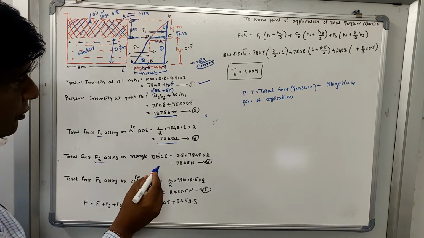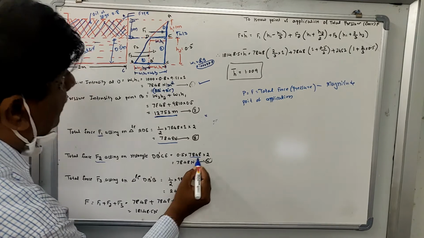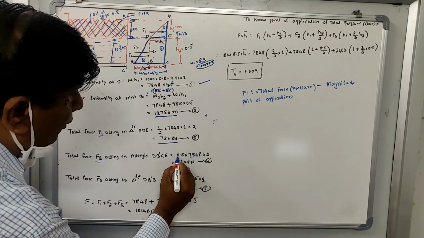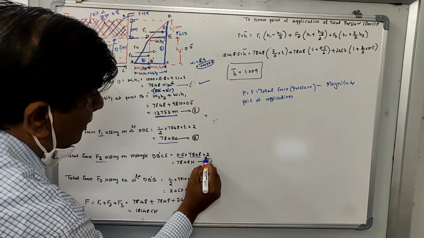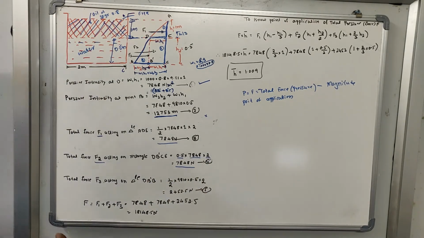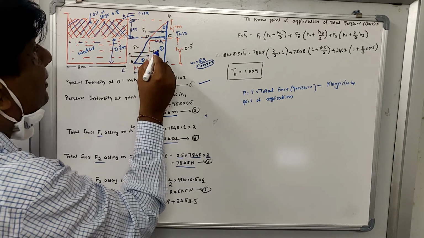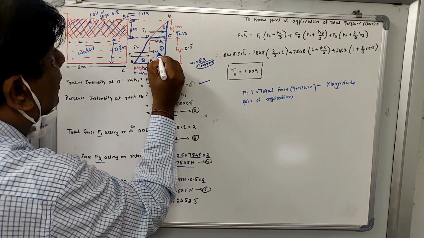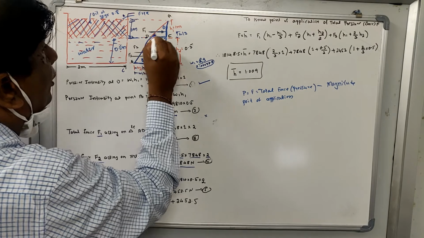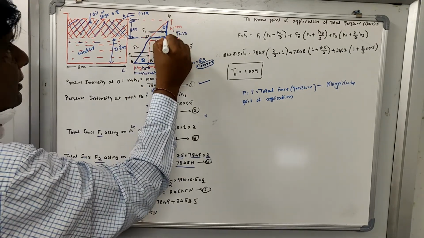DE is equal to 7848, EC is 0.5, and the width of the tank is 2 meter. So this is the magnitude of the force F2, and where does it act on this rectangle? It acts at the CG point of this rectangle. This is the CG point of this rectangle, and this is the CG point of this triangle.